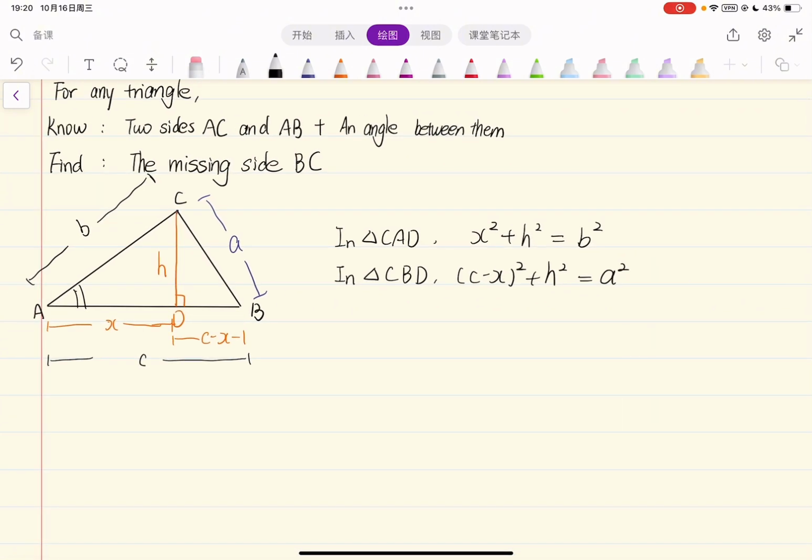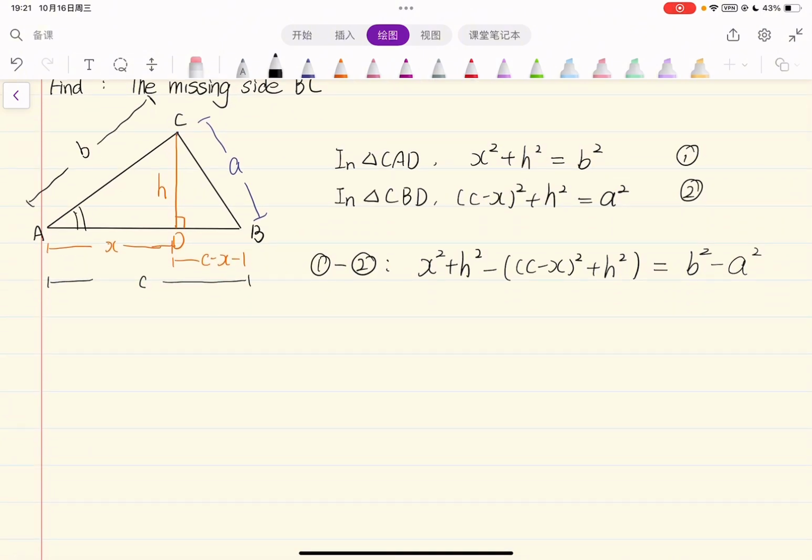Now we say that the first one is equation 1 and the second one is equation 2. Now we let equation 1 minus equation 2. We have x squared plus h squared minus (c minus x) squared plus h squared equals b squared minus a squared. We rearrange that: h squared disappears, and the right-hand side is b squared minus a squared.